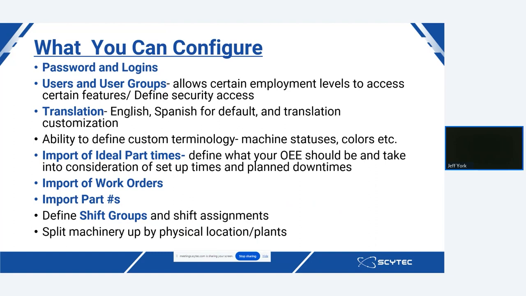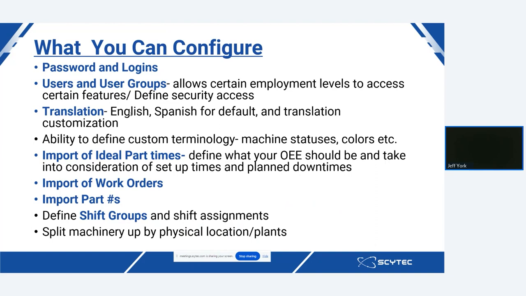You can also do the defining of custom terminology for things like machine statuses with different colors. So for example, with unknown downtimes, we usually use shades of orange, and for unplanned downtimes, we have shades of blue. And then for in cycle / cutting, we have shades of green. But let's say you wanted to change some of that around, you can make them any color you'd like.